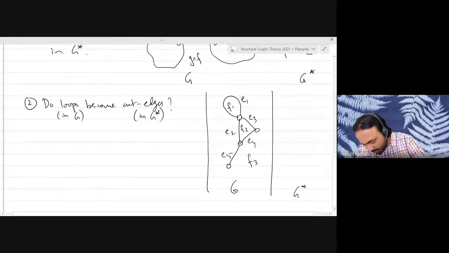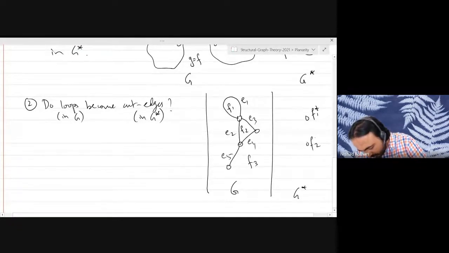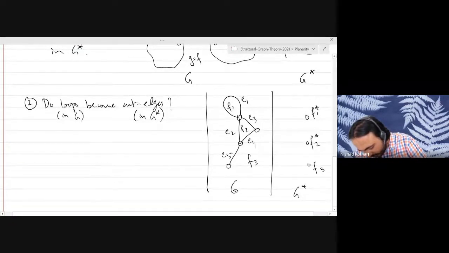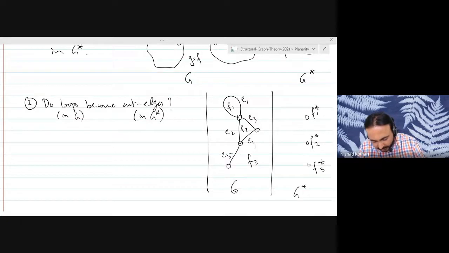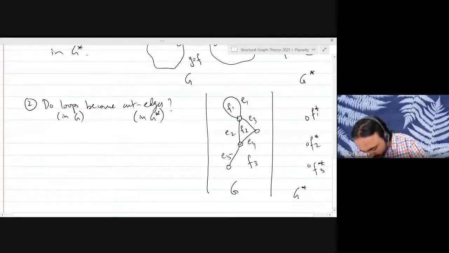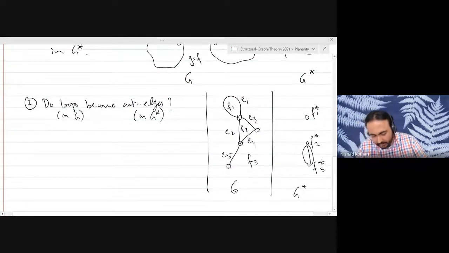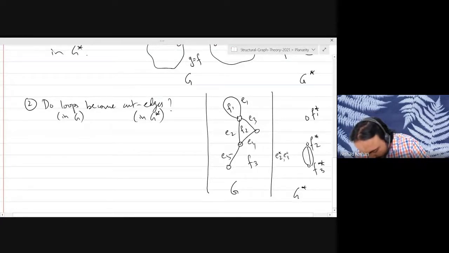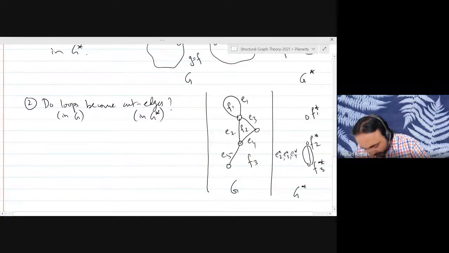In the dual graph, we have F1 star, F2 star, and F3 star. If you look at the edges E2, E3, and E4, they will connect F2 and F3 with 3 parallel edges. These are the edges E2 star, E3 star, and E4 star. All of them are parallel to each other.